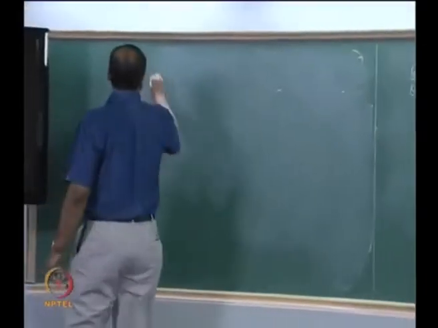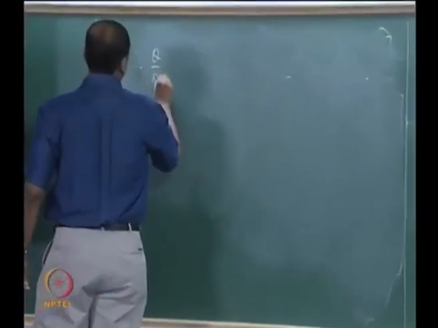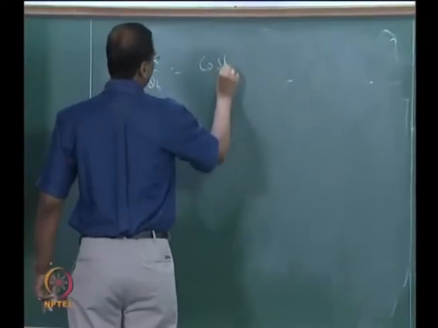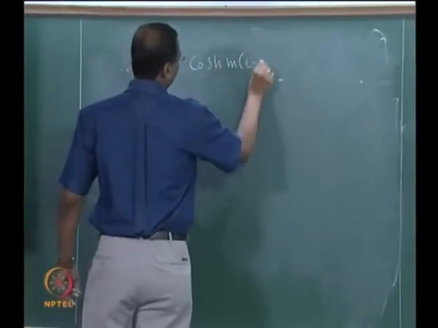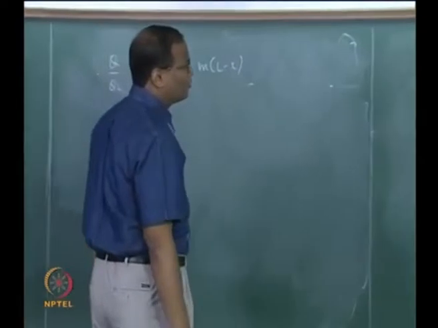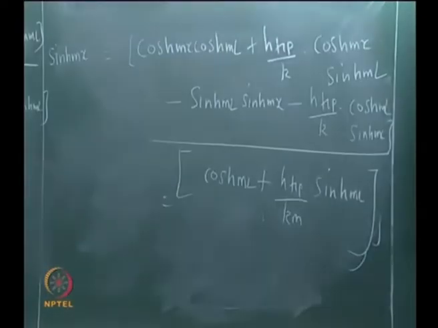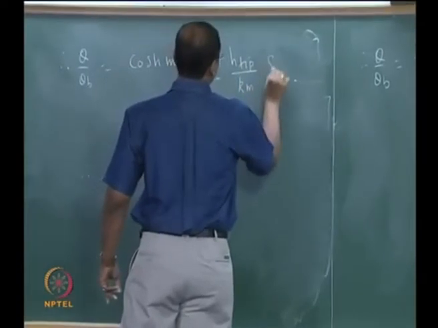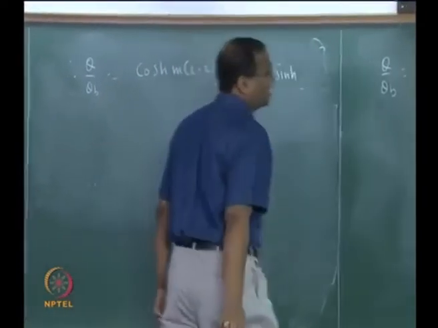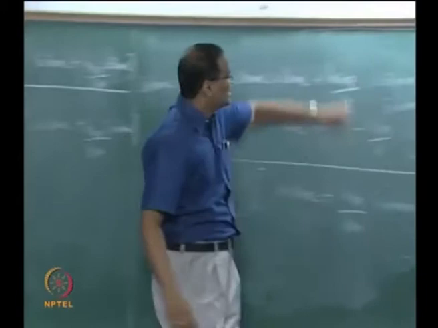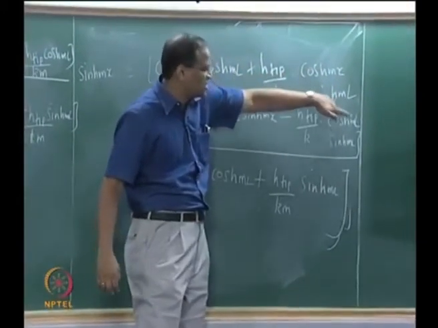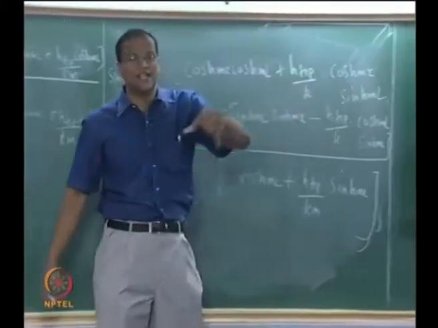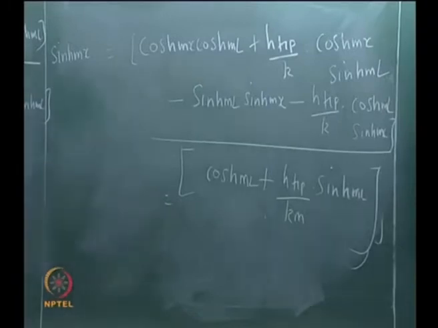Therefore, cosh mx sinh ml minus cosh ml sinh mx is sinh of m into (L minus x).